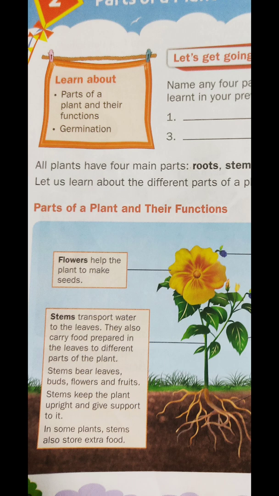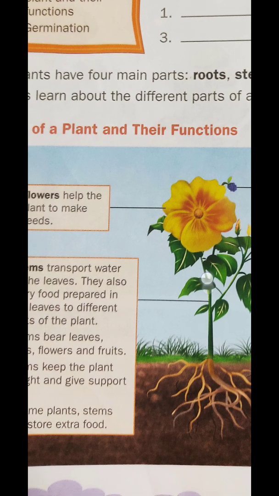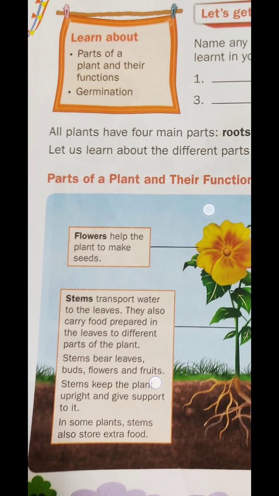Then coming to the next, stems. Stems transport water to the leaves. As we can see, the biggest part of a plant is stem. It starts from here and it goes up here, right? So this is the biggest part of a plant. Stems transport water to the leaves.